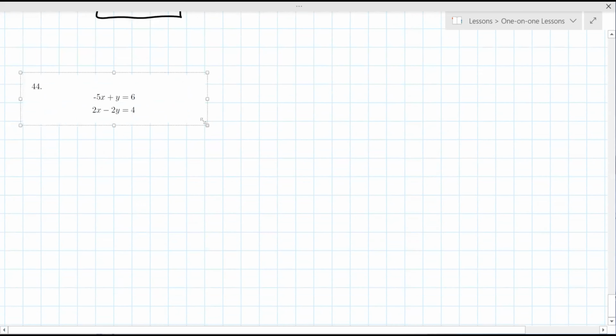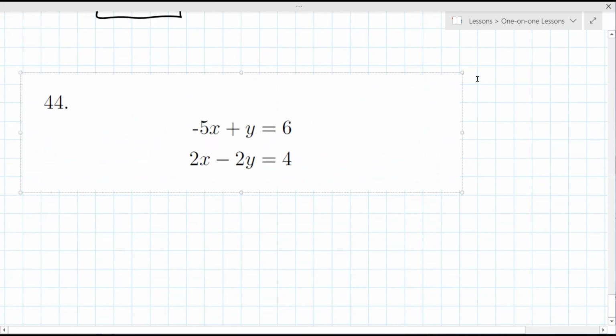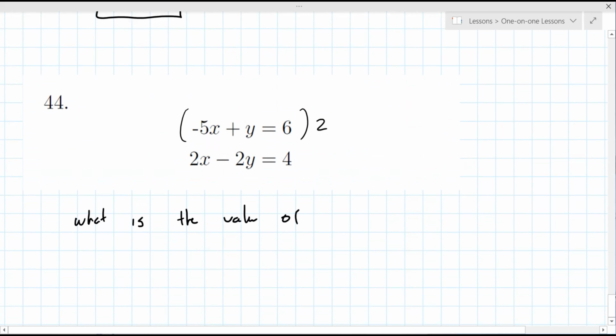This system right here that I've pulled up, the best way to do it is to get rid of y, because you're going to multiply this top equation by 2 to get those to cancel. What do you think this question will ask for? X. Yes. And maybe it won't even ask for x. It might ask for 3x. Let's do that. So I want you to solve this system and then figure out what 3x is.